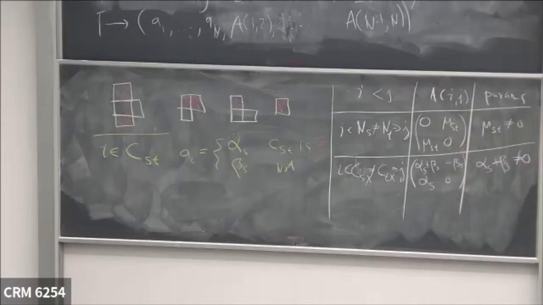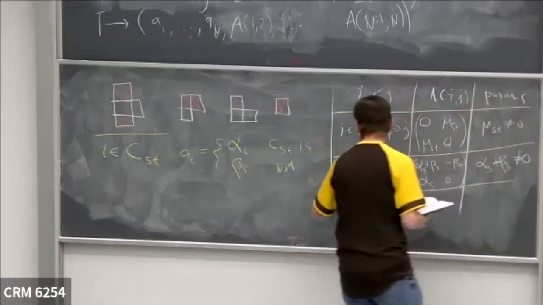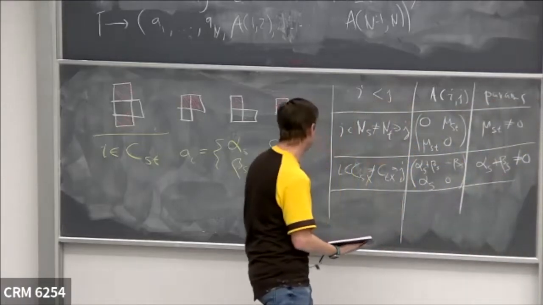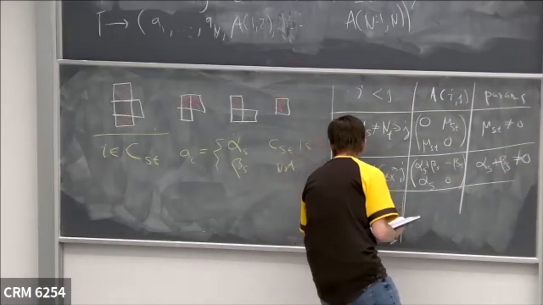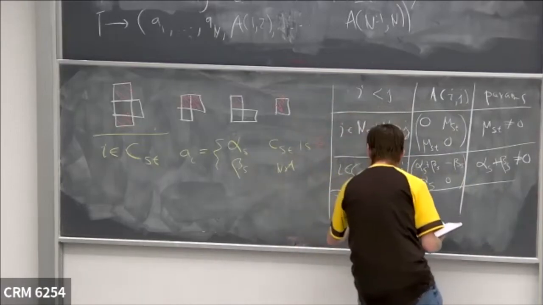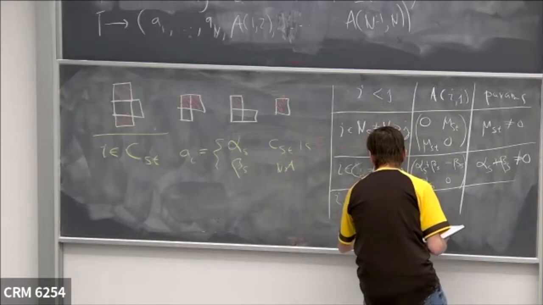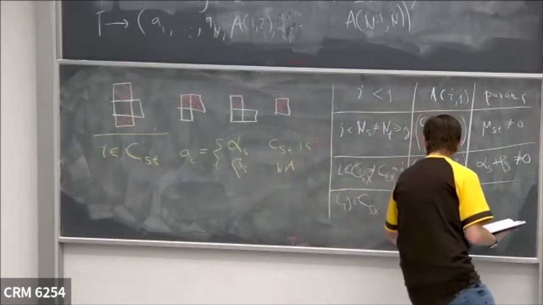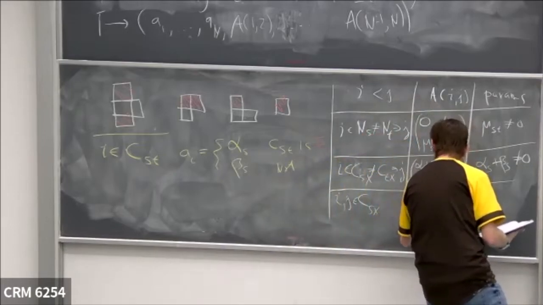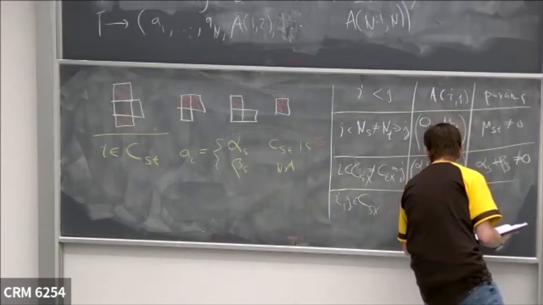Finally, there's one more possibility: i and j are both in the same county. Then your matrix will look like gamma, 0, 0, gamma, so diagonal.